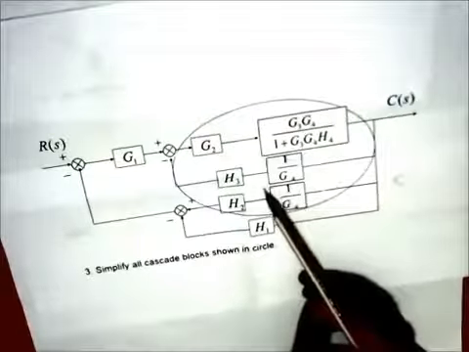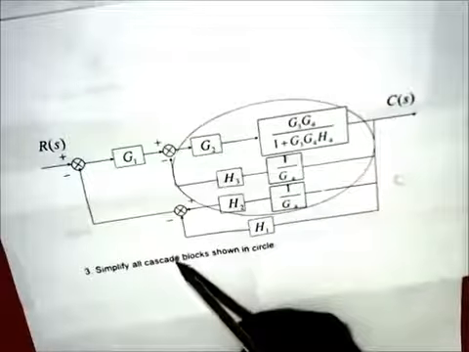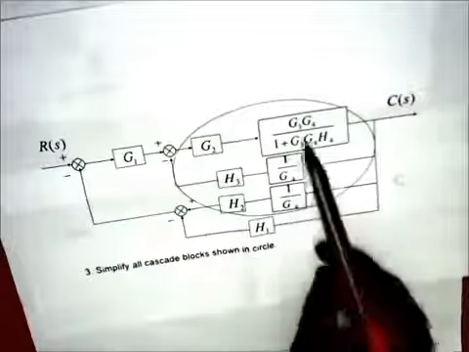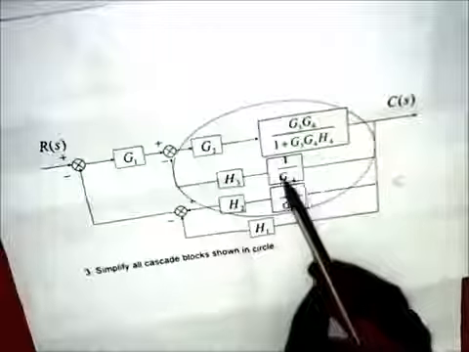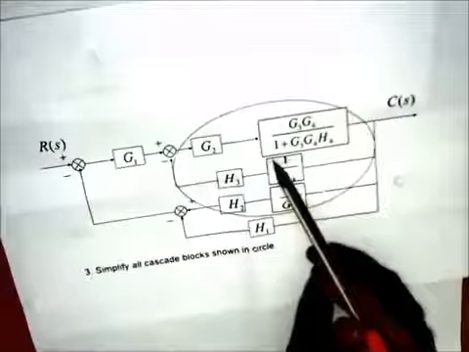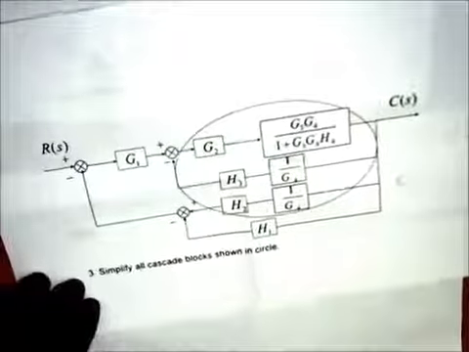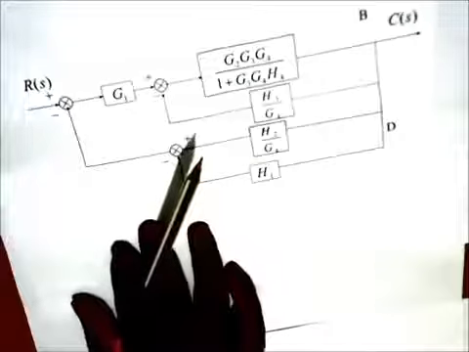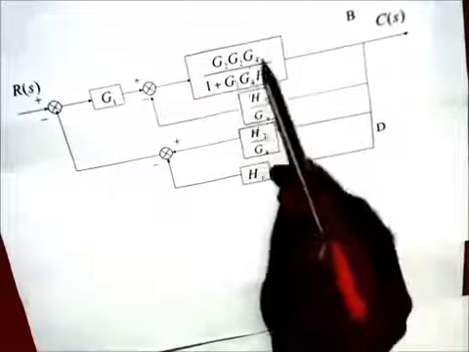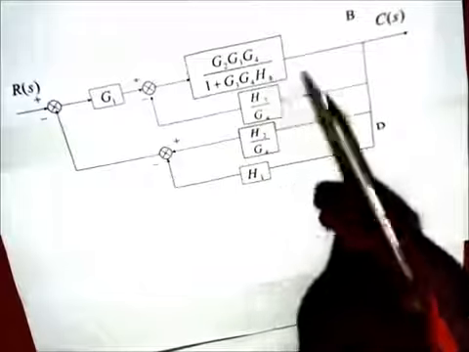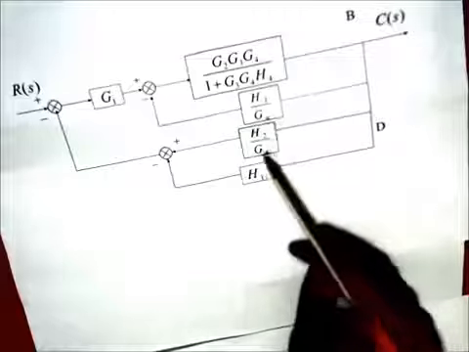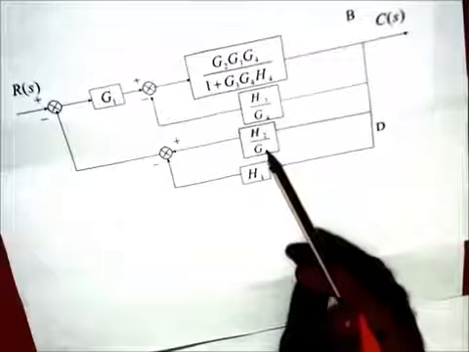So we simplify all cascade blocks shown in the circle. So it becomes G2 G3 G4 upon 1 plus G3 G4 H4. Next is H3 upon G4 and another is H2 upon G4.